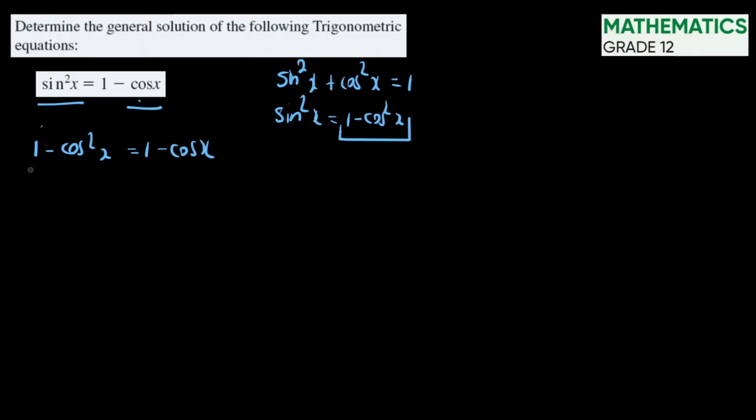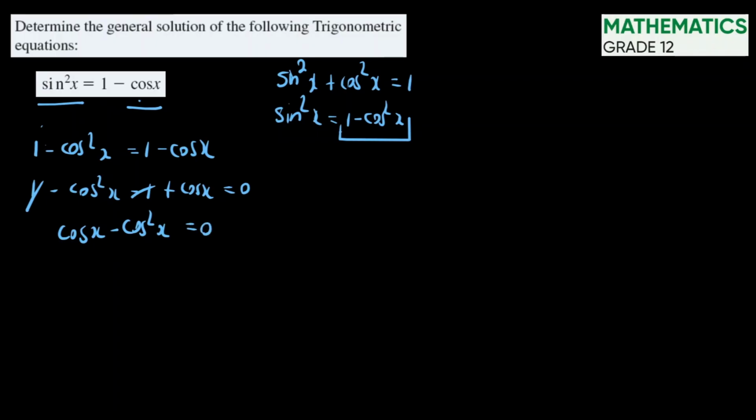What we then do is take everything to the left hand side, so it will be easier to simplify. And remember that anything you take across the equals sign changes its sign. So we'll have 1 minus 1, those will cancel off, and then we're left with cos x minus cos squared x, which equals 0.